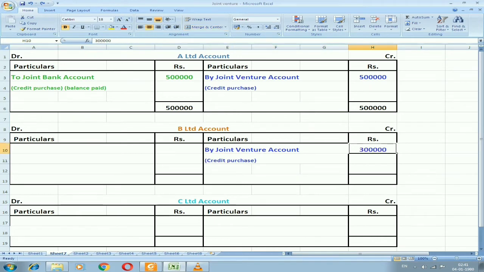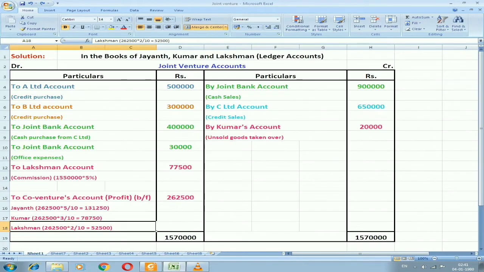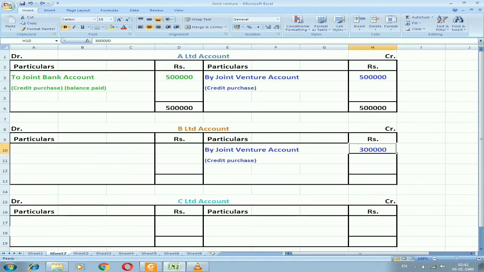Apart from that, we don't have any entries related to B Limited on the joint venture account. All the payments will be paid at the end of the joint venture. So this 3 lakh also will be paid at the end of the joint venture business through the joint bank account. So to joint bank account, 3 lakh will be paid to the creditor. Totally it will be 3 lakh on both sides. Apart from that, we don't have any entries related to B Limited.